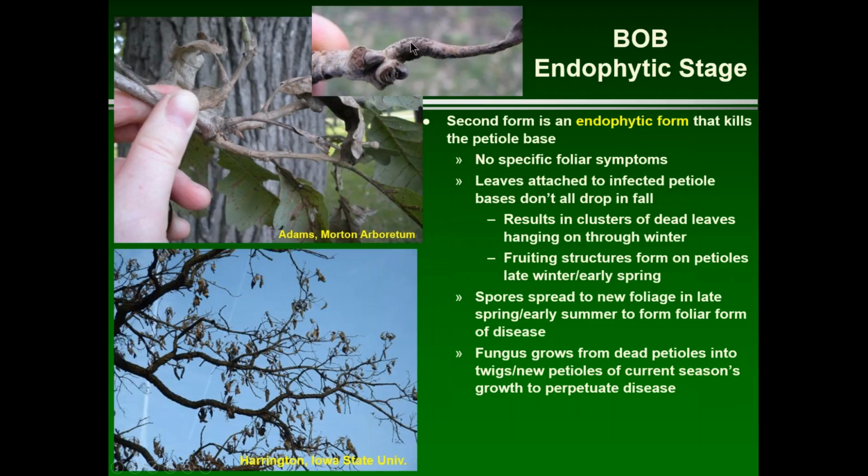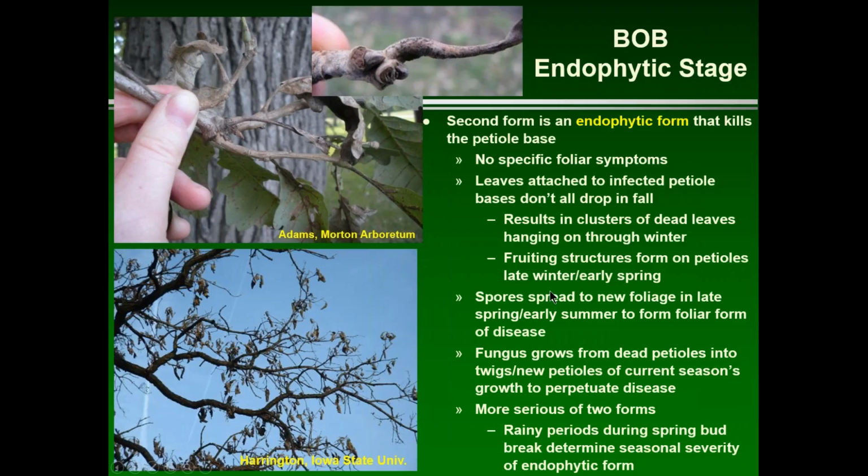So the endophytic form grows down and infects the new petioles of new shoots that develop as a result of the previous year's shoots being killed, and that tends to perpetuate the endophytic form of the disease from year to year. And the endophytic form is considered to be the more serious of the two forms.